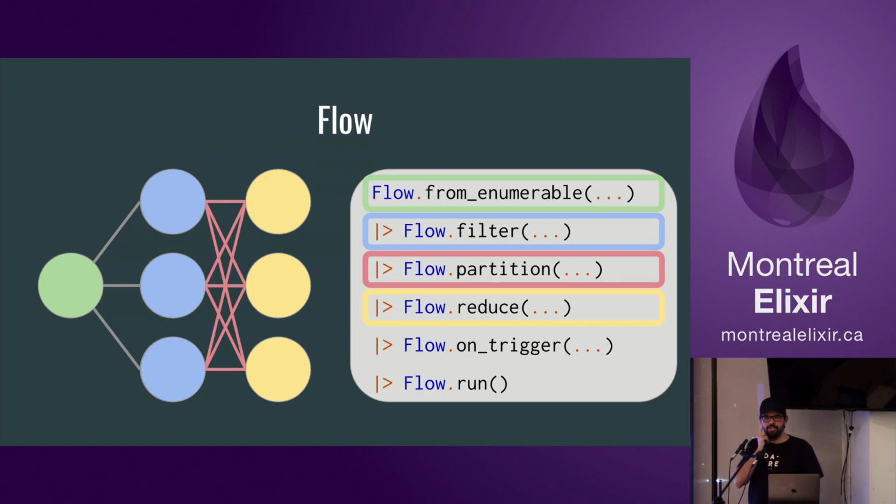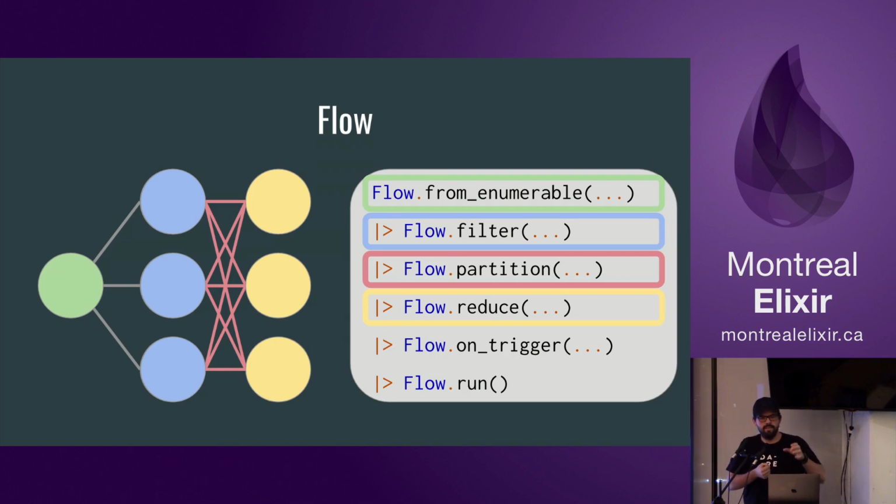And here's the partition. What partition does is, if you have multiple GenStages and you get your message and spread it across all the cores that you have, when you try to reduce, Elixir Flow needs a way to know who is accumulating, who is reducing the type car. Is it this GenStage?